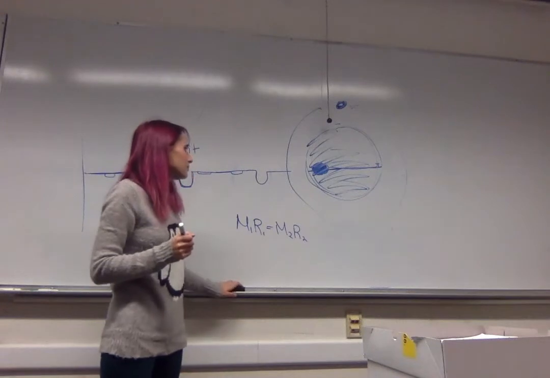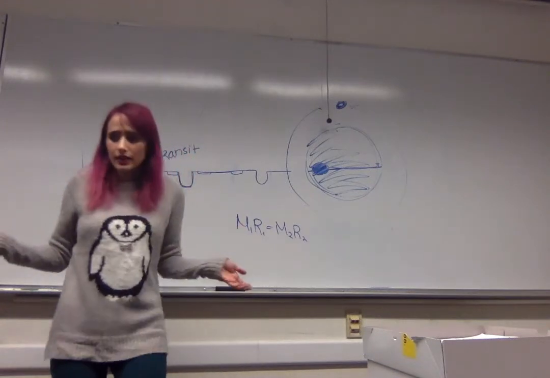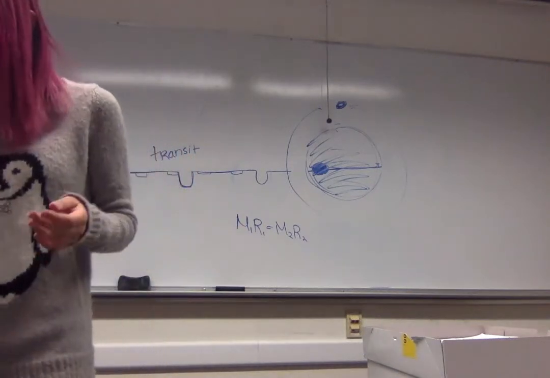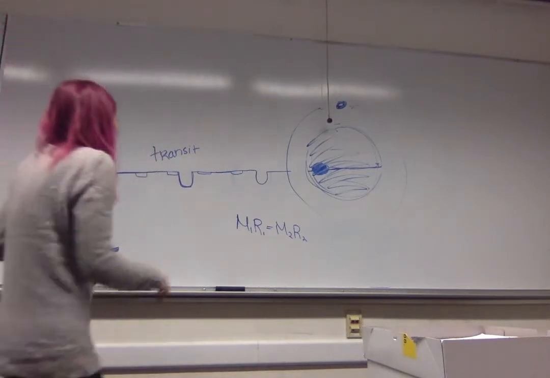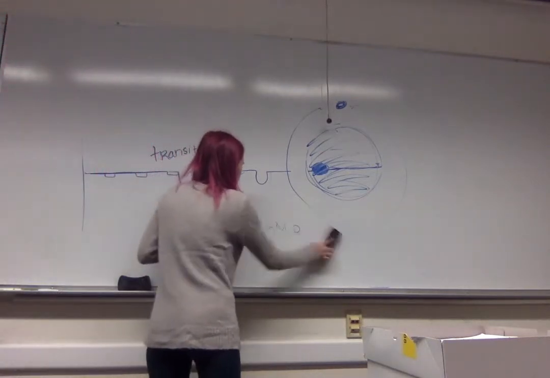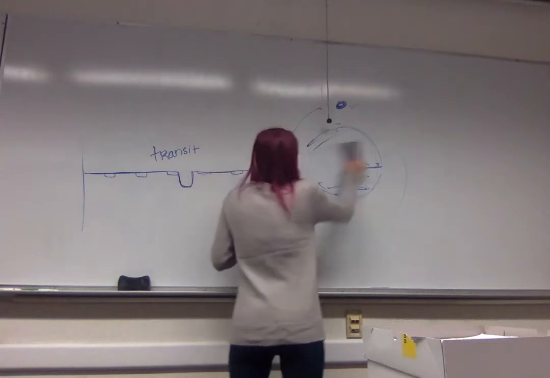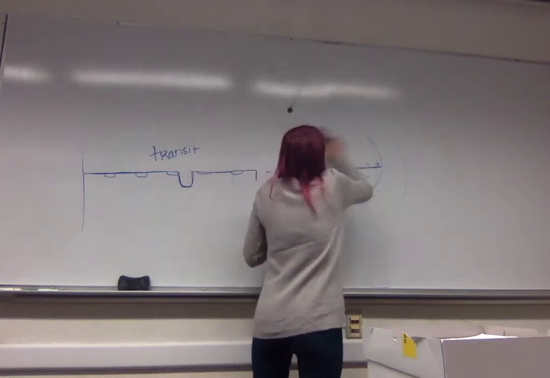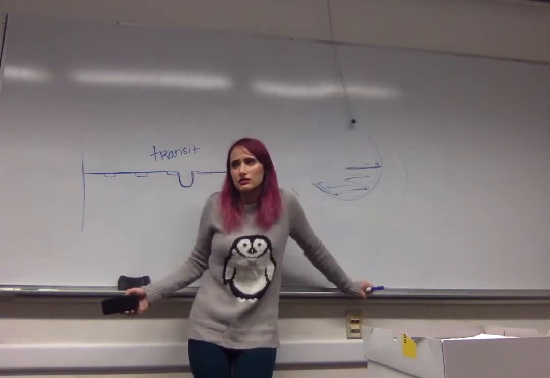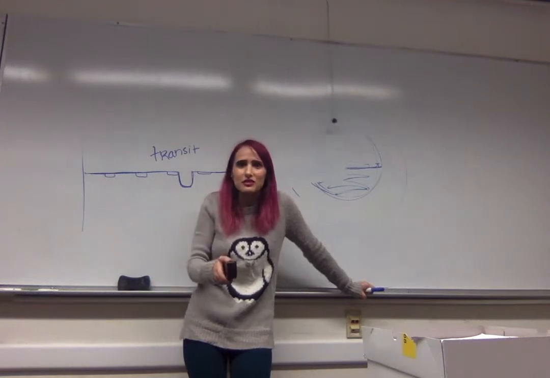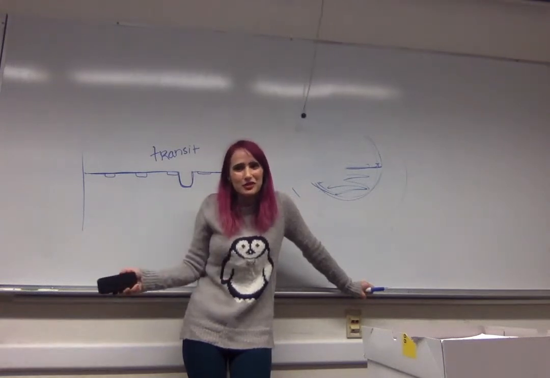So that's really exoplanets. Oh, the other thing is the habitable zone. So around every star, you have something called the habitable zone. This is also called the Goldilocks zone because it's not too hot and it's not too cold. It's just right.